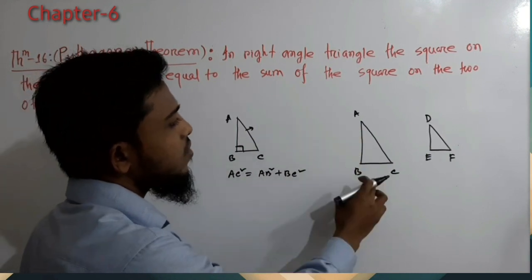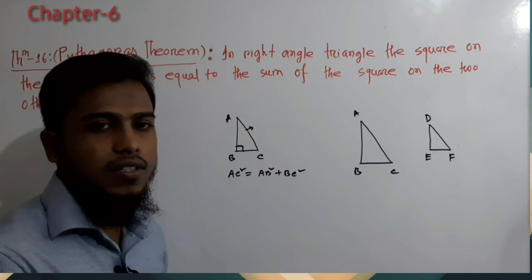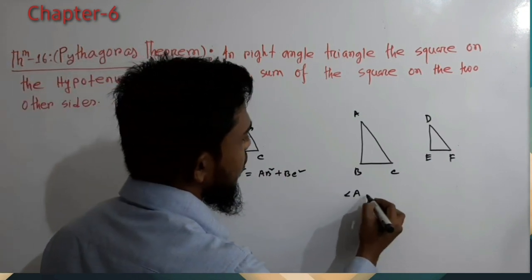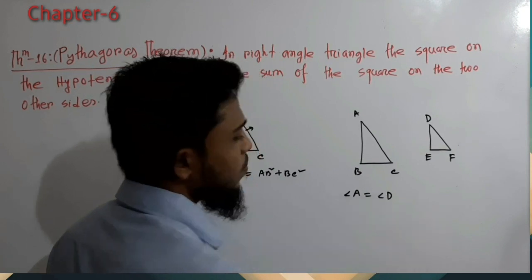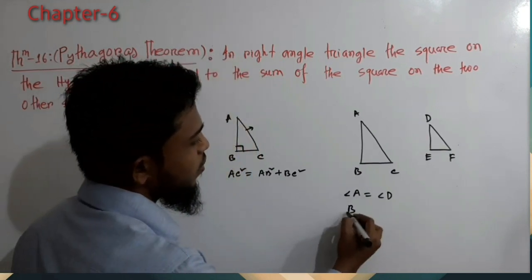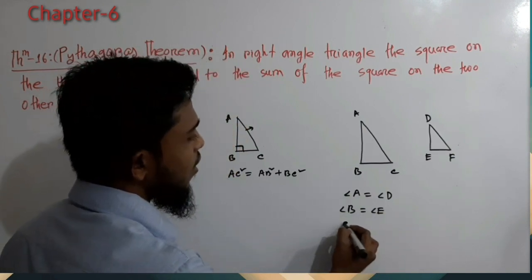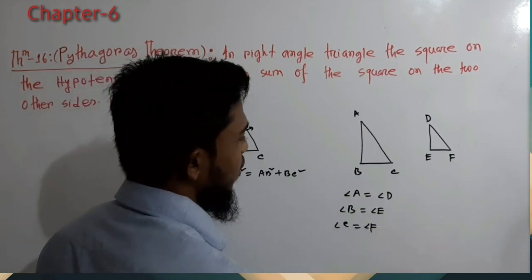These two triangles ABC and DEF are similar to each other when angle A is equal to angle D, angle B is equal to angle E, and angle C is equal to angle F.